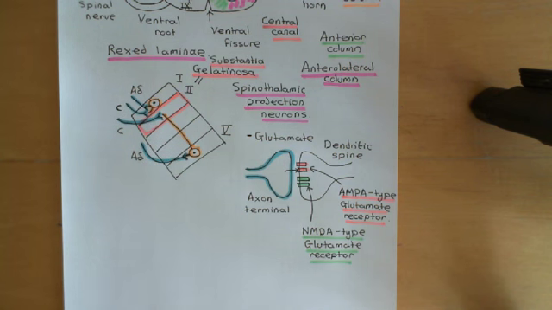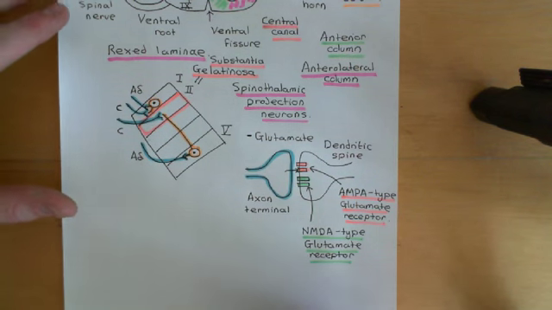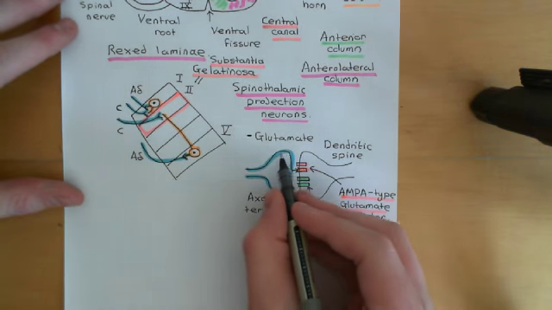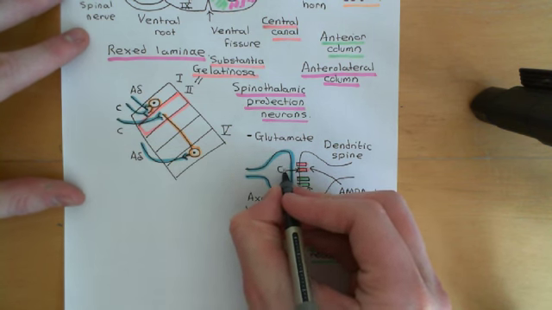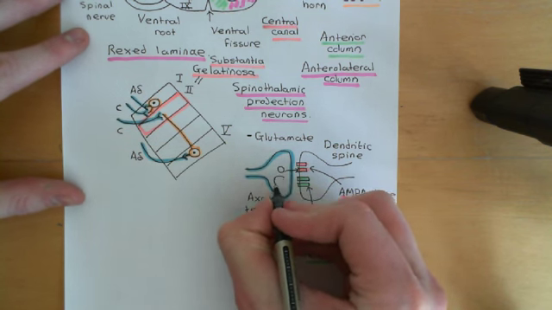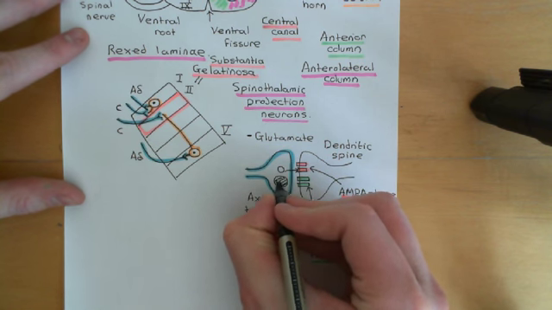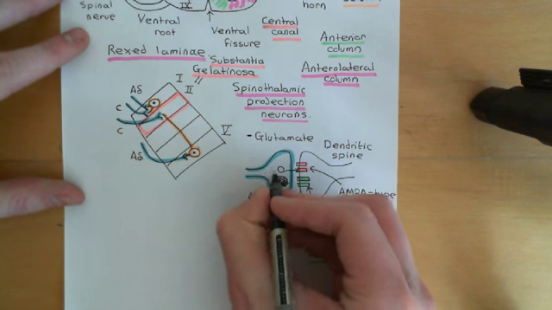However, it's not the only neurotransmitter that these axon terminals of these primary nociceptive afferents can release. In fact, when you look at an electron micrograph of one of these axon terminals, you see two types of synaptic vesicles in here. You see small electron-lucent ones, and then large, very electron-dense ones.